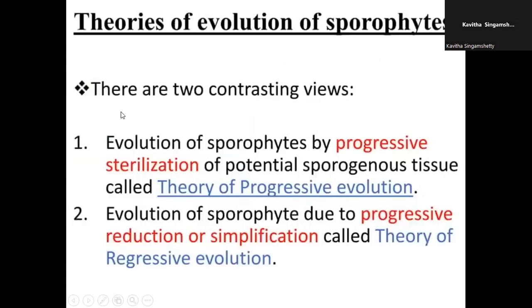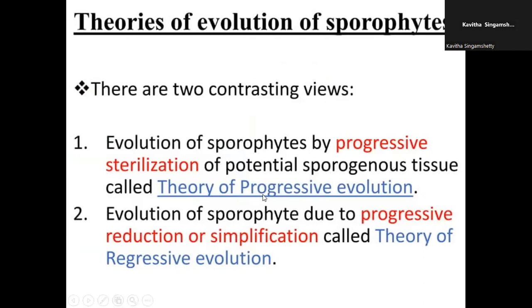Now, to explain how the sporophyte is evolving from the primitive bryophytes to the advanced bryophytes, there are two contrasting views. One theory is the evolution of the sporophyte through progressive sterilization of sporogenous tissue.